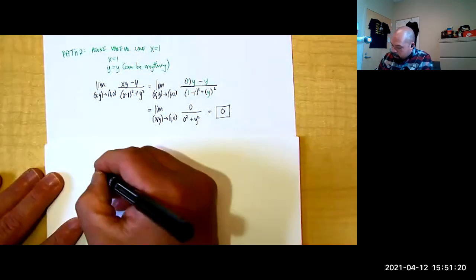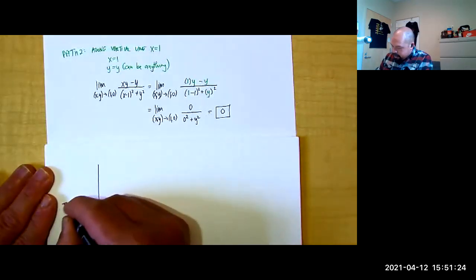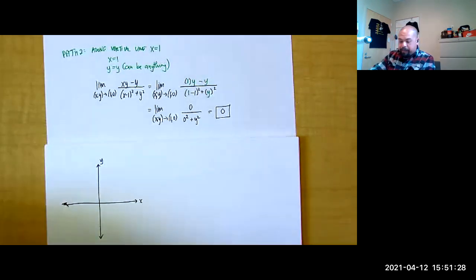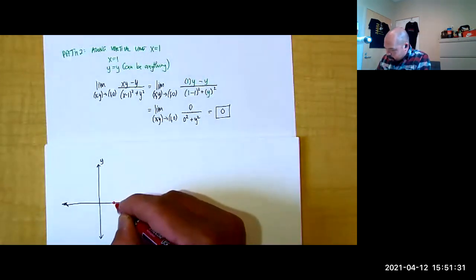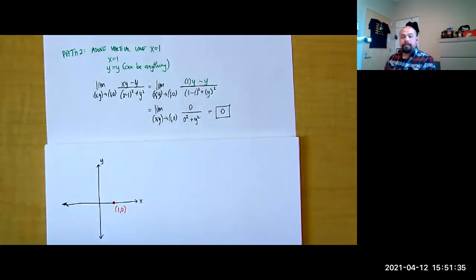Okay. And so we have to be a little bit more creative, inventive, or troublesome, however you want to view it. And let's try another. Okay, so there's that point I'm approaching, (1, 0). We can approach that in a multitude of ways, right?